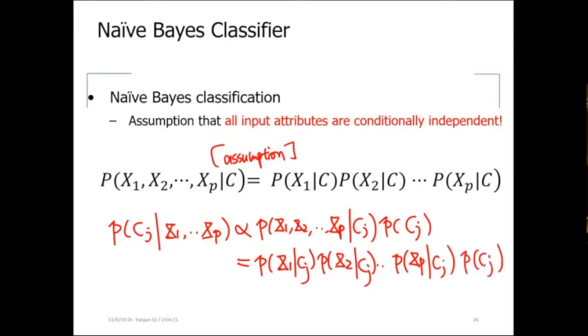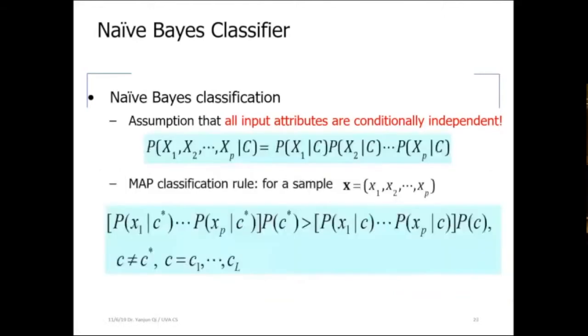This is the model I need to estimate from data, which means to perform future inference, I need to know this, this, this, and this. These are the model parameters I need to estimate for my naive Bayes classifier. When a future sample has specific values, you just look up.